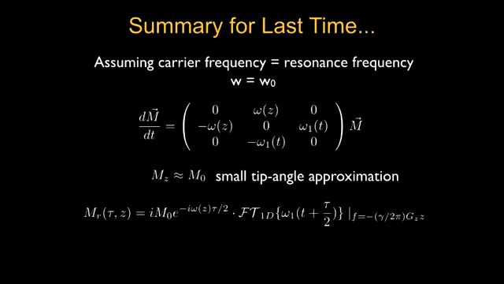The shape of the profile will be governed by the gradient. For a given gradient field, the slice profile will be a function of spatial position. After the pulse duration tau, everything is dependent on location, and the behavior of the magnetization over different locations is expressed by this Fourier transform relationship.